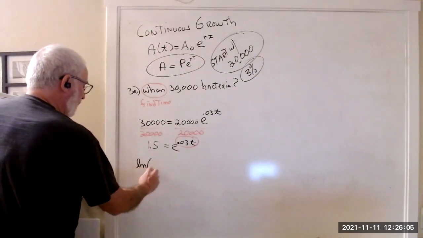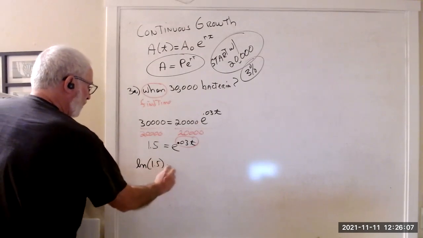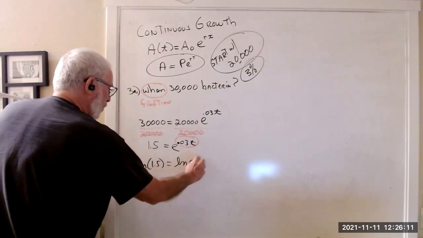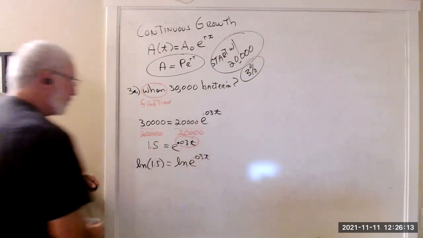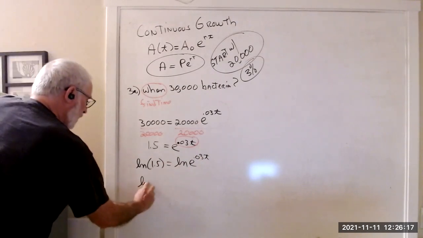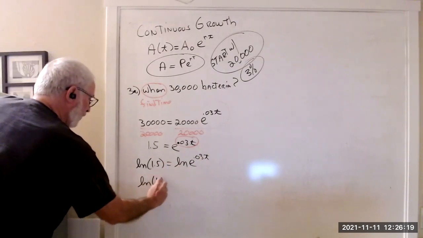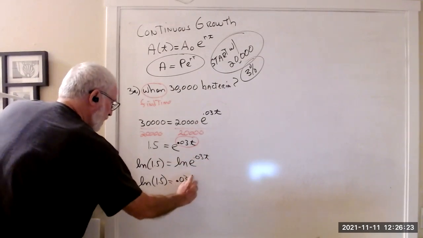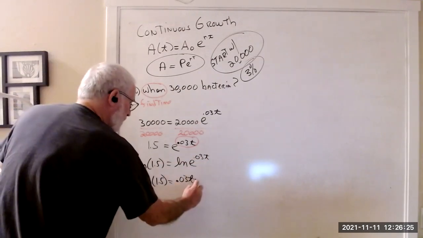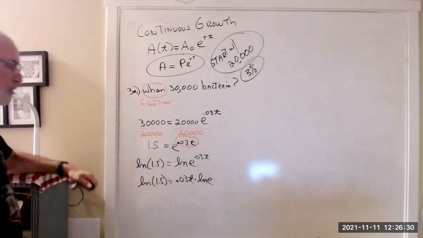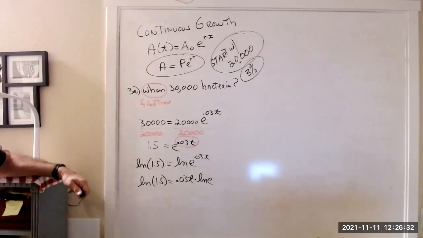So the ln of 1.5 equals the ln of e to the 0.03 t. So this stays the ln of 1.5 equals 0.03 t times the ln of e.